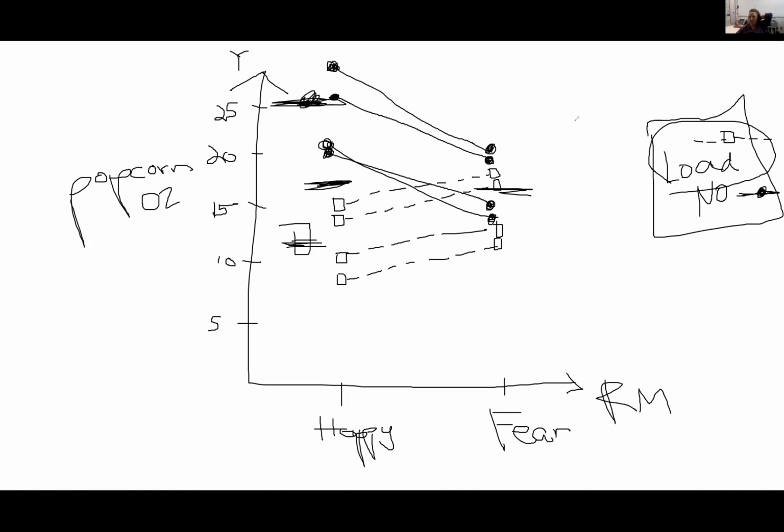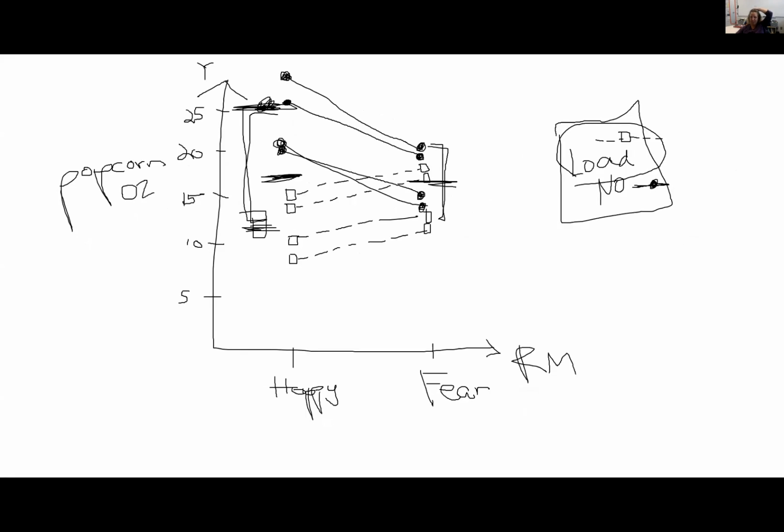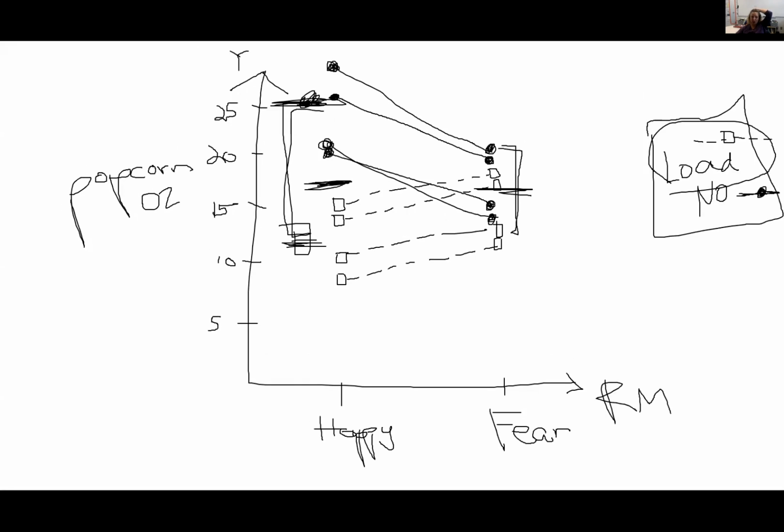But at the scary movie, it's either the same, or the loaders would be slightly less, but there's a smaller gap. There's a bigger gap over here. That's the idea of an interaction. An interaction can be between repeated measures or independent groups or one of each.